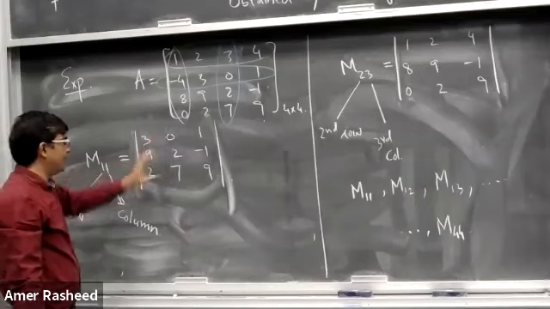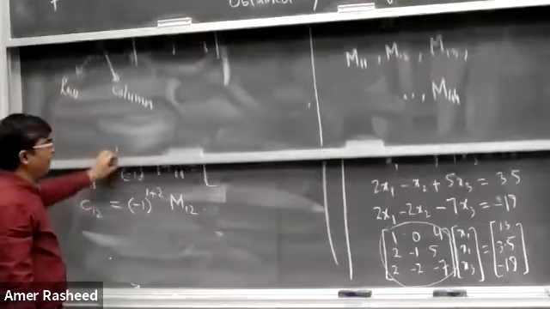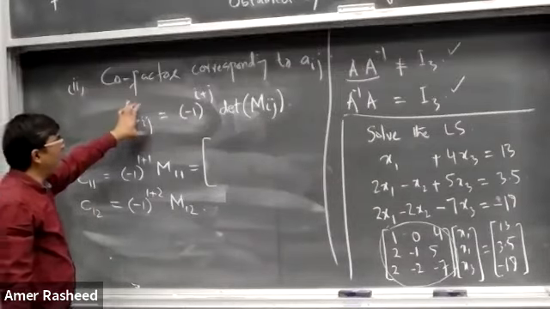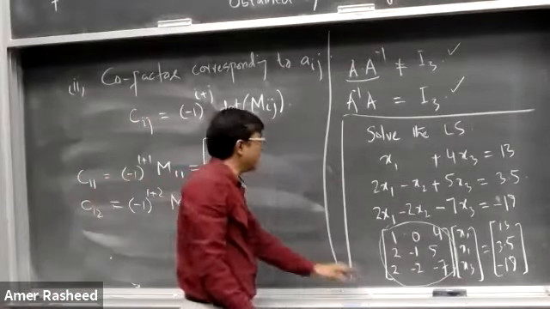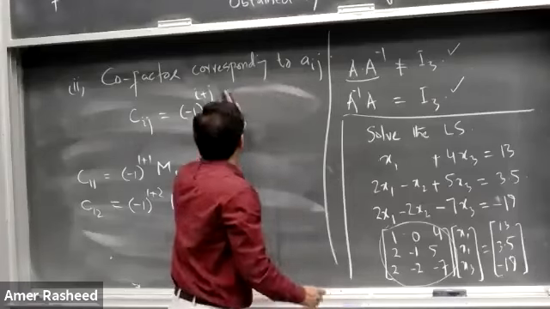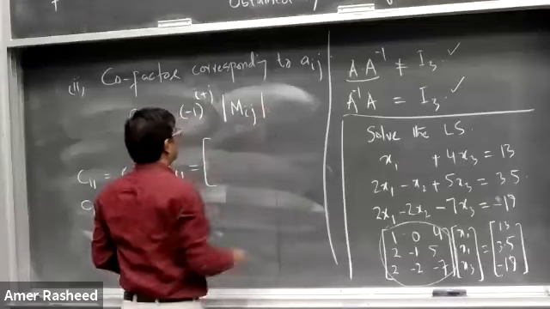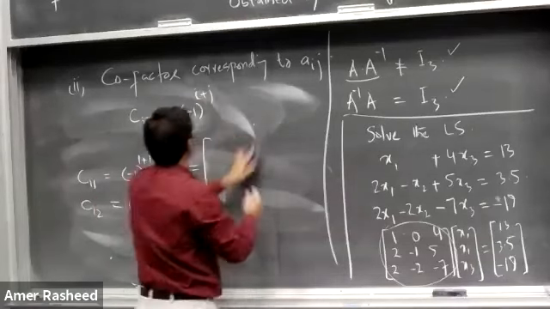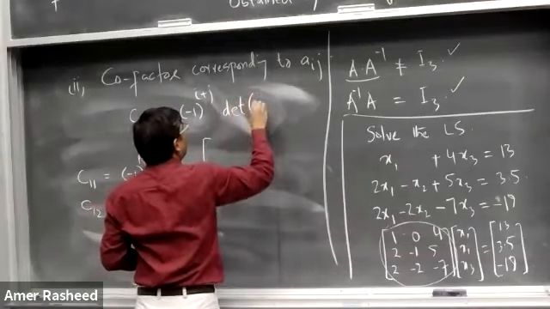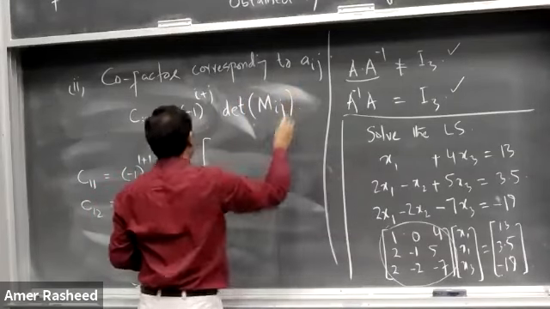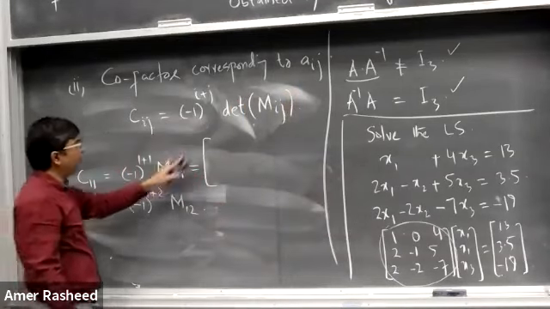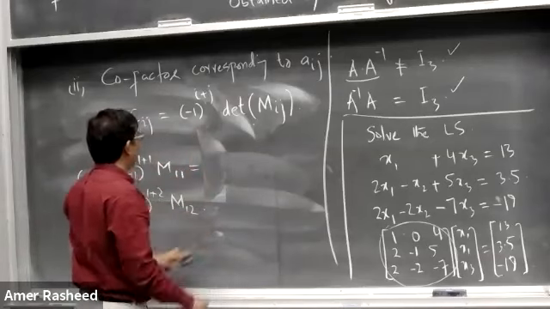So what do you mean by determinant? Do we have to find the determinant of this matrix which you have written? Yes. Cofactors are basically determinants of minors, or directly you can write determinant of Mij. So C11 is what?